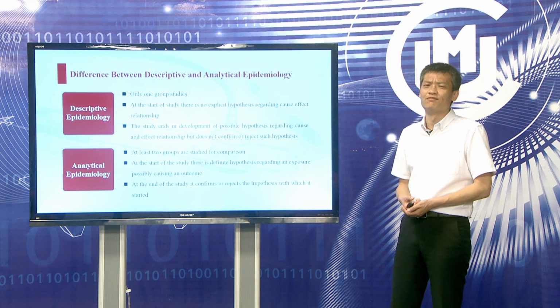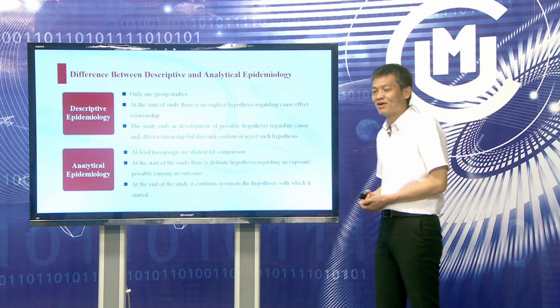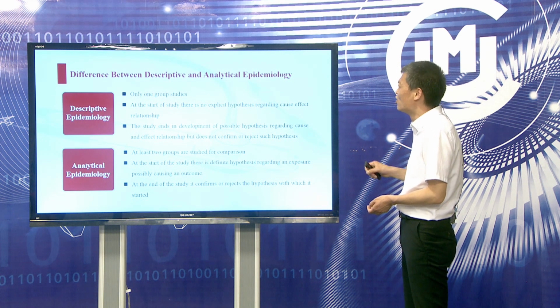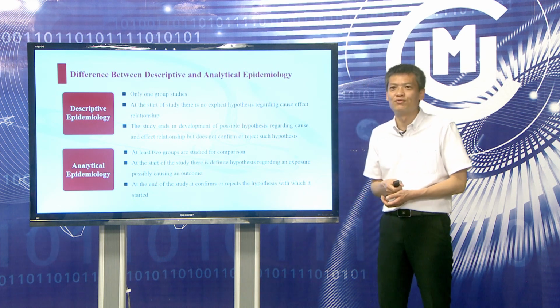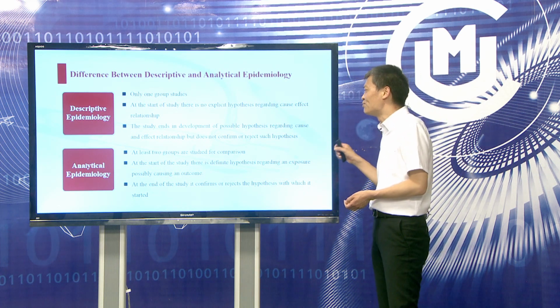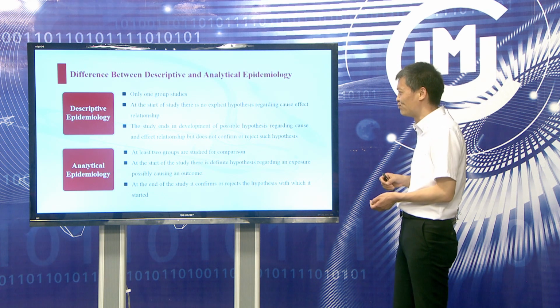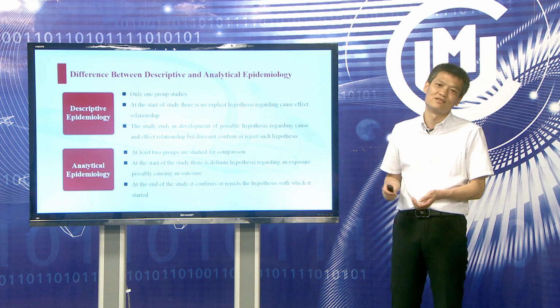For descriptive epidemiology, only one group is studied. At the start of a descriptive study, there is no explicit hypothesis regarding a cause-effect relationship. The study helps develop possible hypotheses regarding cause and effect, but does not confirm or reject such hypotheses.